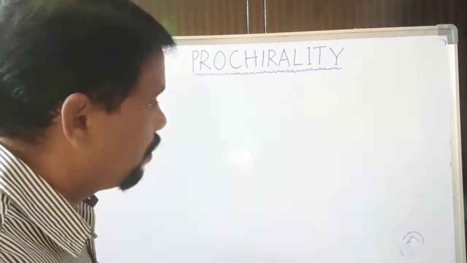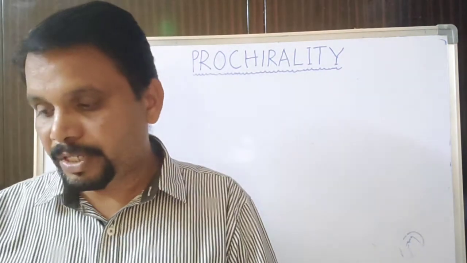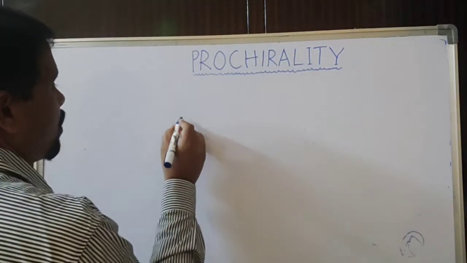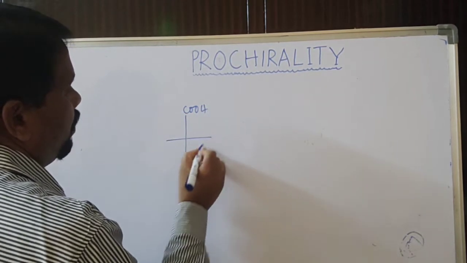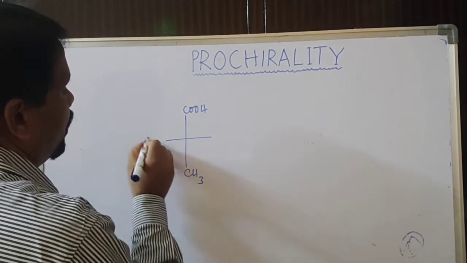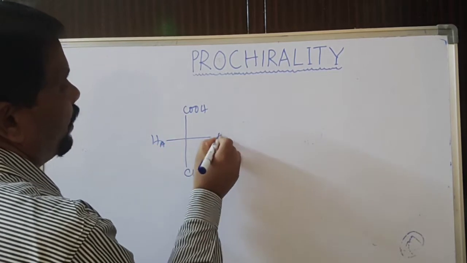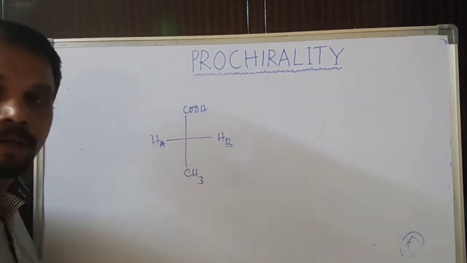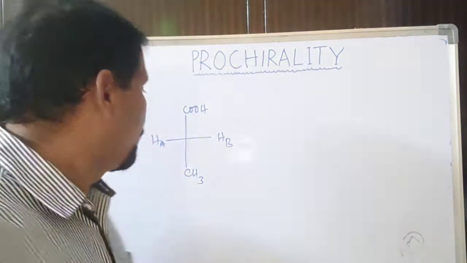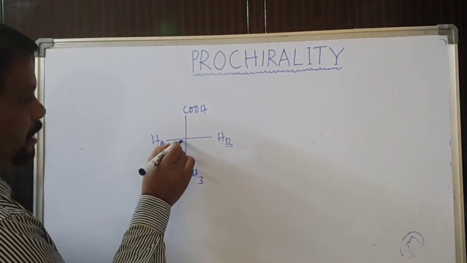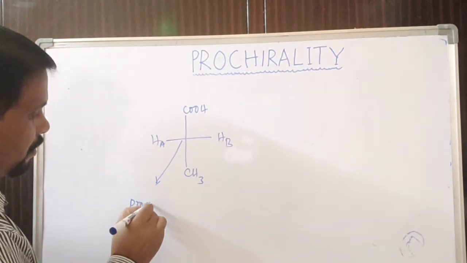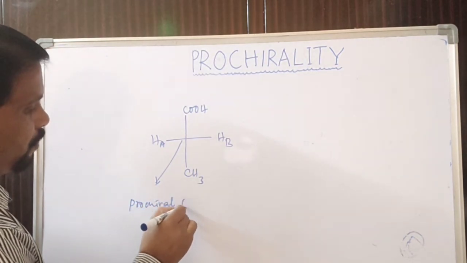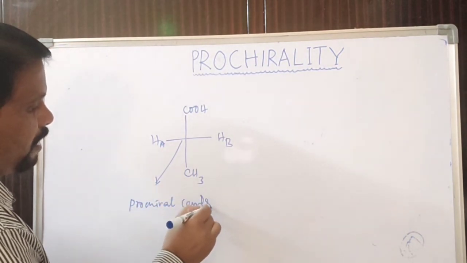Okay, here is another example, CH3, HA and HB. So this center is considered as a prochiral center.